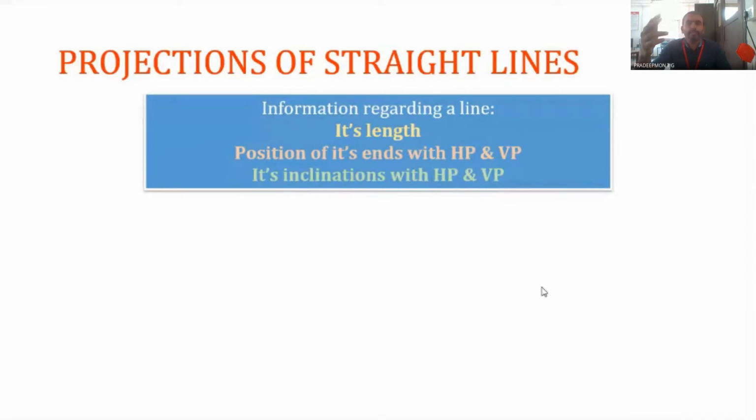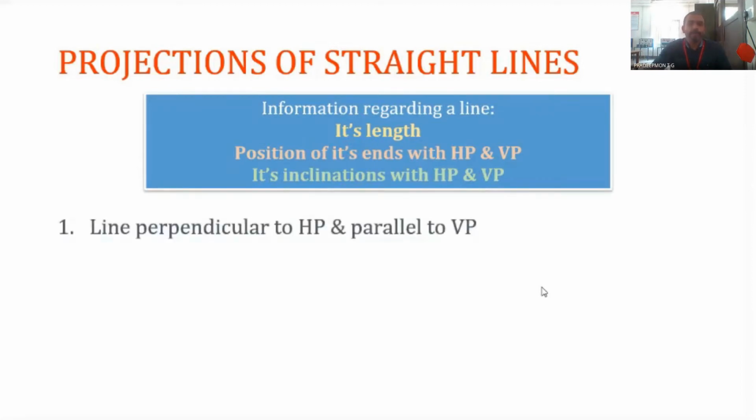So that constitutes another 2 pieces of information. Out of all these, there are some 19 or 20 different pieces of information possible regarding a projection of a line. Out of which we need at least 5 in order to complete the drawing uniquely. Otherwise, depending on the assumptions, the value can change, the drawing can change.